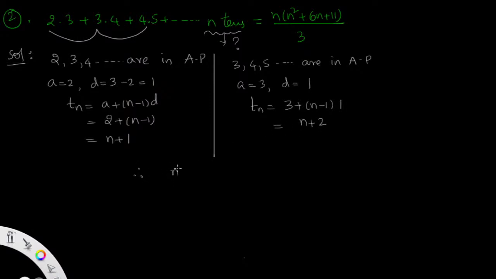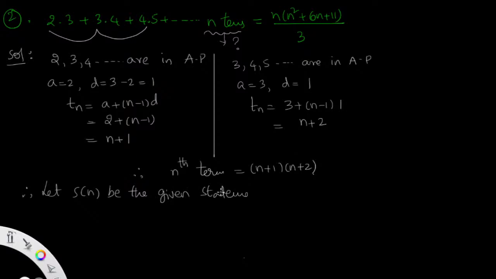Therefore the nth term of the series is n plus 1 into n plus 2. So this is the nth term of the series. Now let S of n be the given statement.